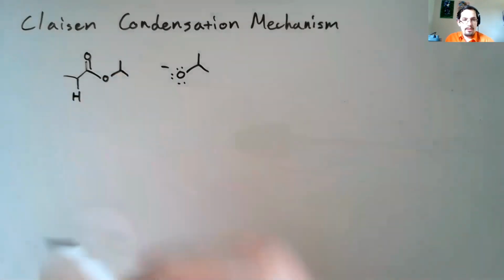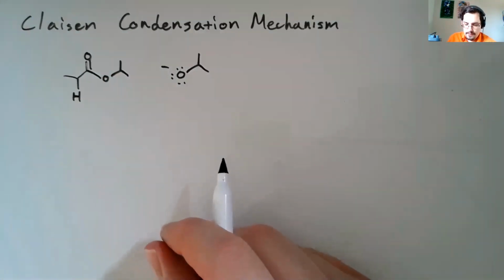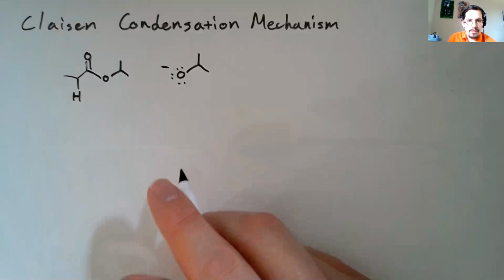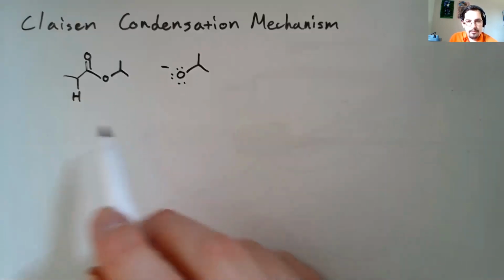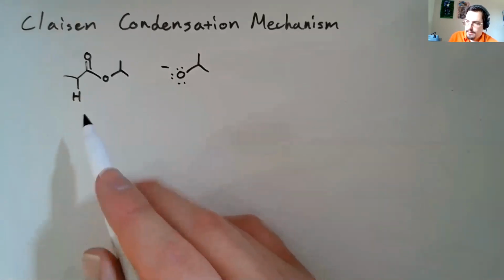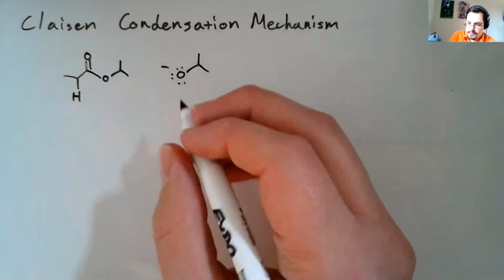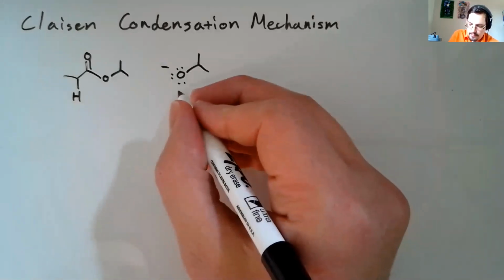So we have our alpha hydrogens next to that carbonyl. This is the site where we'll be reacting. So our first step, we're going to deprotonate to form our enolate.